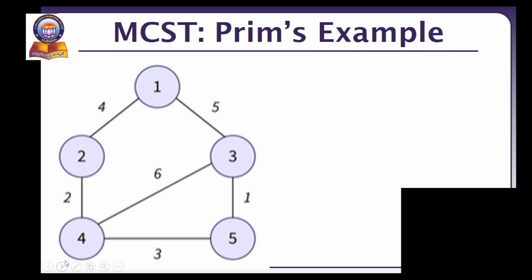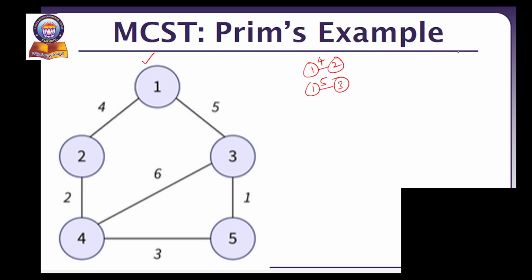Consider the source vertex to be equal to 1. From 1, what are the various paths available? From 1 we can reach 2 with edge cost 4, and similarly from 1 we can reach 3 with edge cost 5.